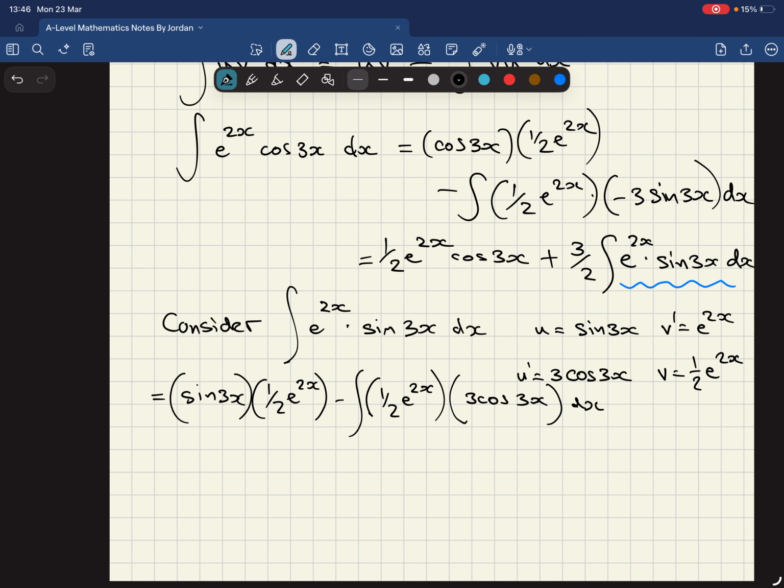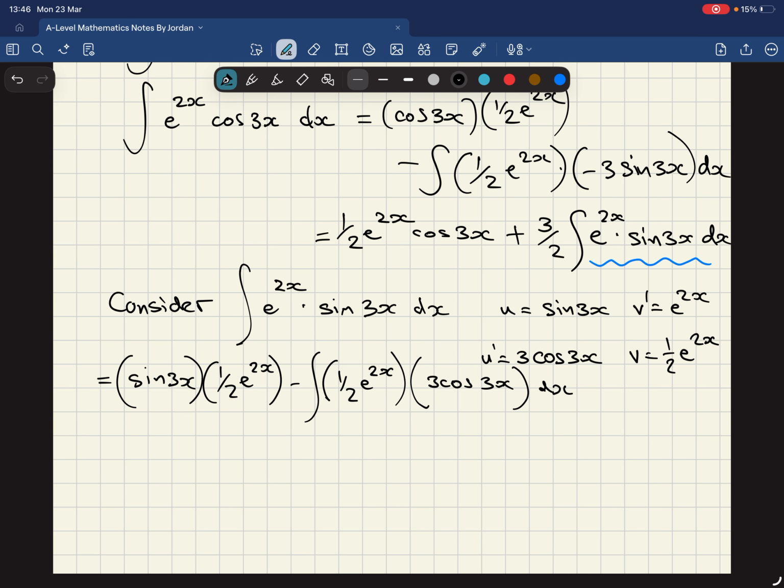Simplify will give us, remember we're starting here, just to write that nicely in one line, gives us half e to the 2x sine 3x.